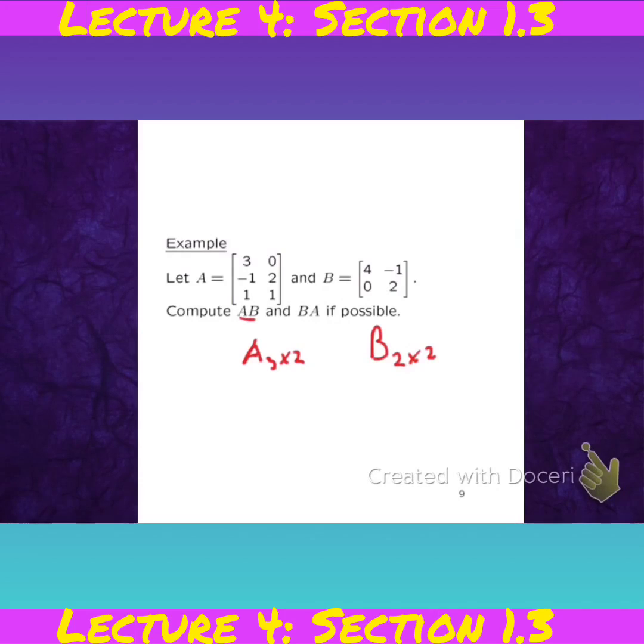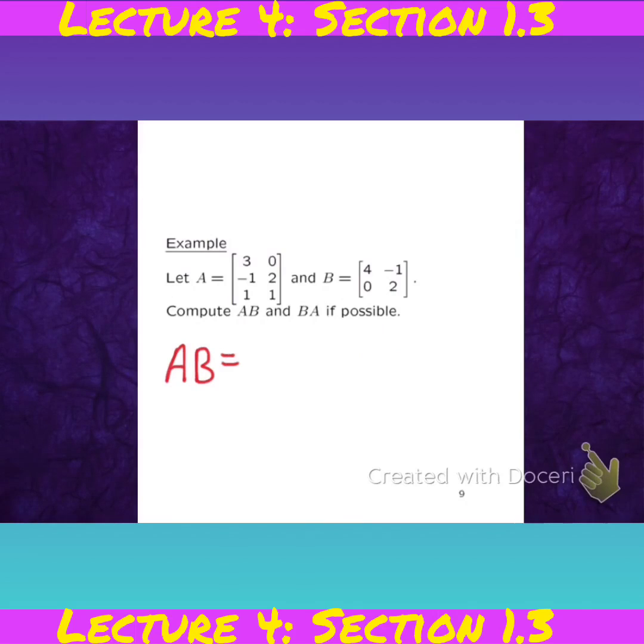So we need to check that the number of columns of A is exactly the same as the number of rows of B. Clearly those two numbers are the same, so we can find a valid product between these two matrices.